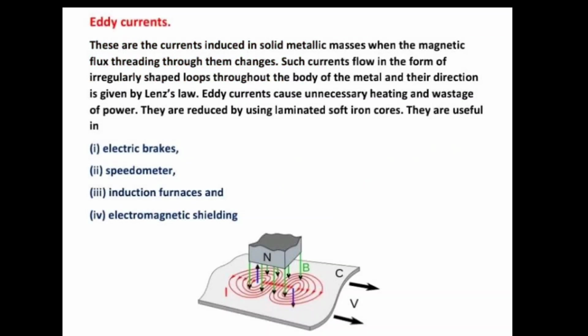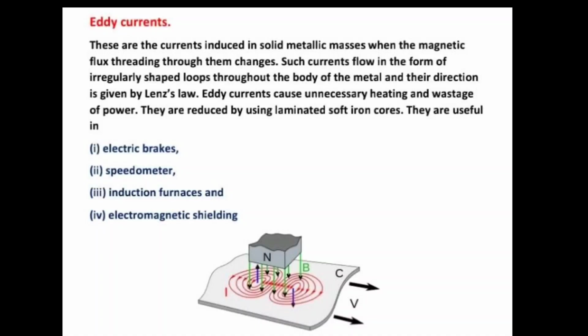Eddy currents are useful in various aspects, like they are used in the electric brake and speedometer, and the question is how these are formed. Actually, these are induced currents, and they are induced in solid metallic containers whenever the magnetic flux passing through them changes, and these currents flow in the form of irregular shaped loops throughout the container.